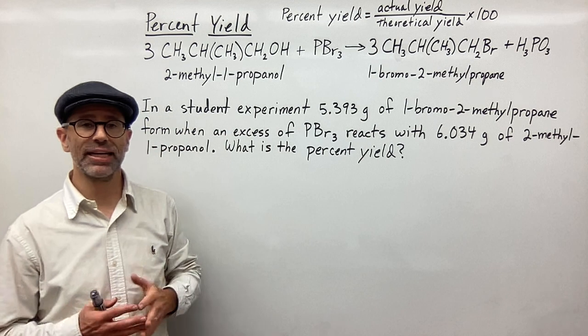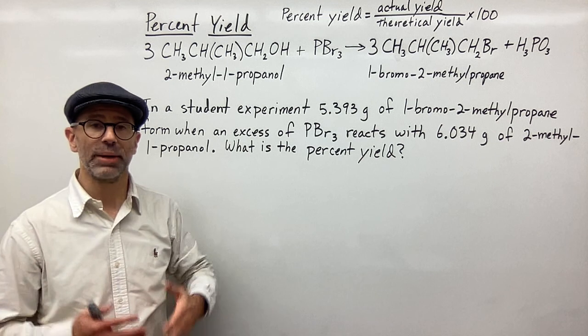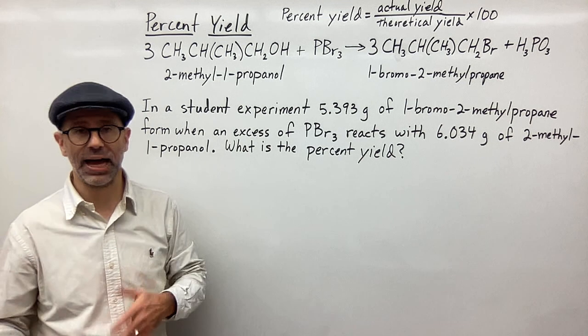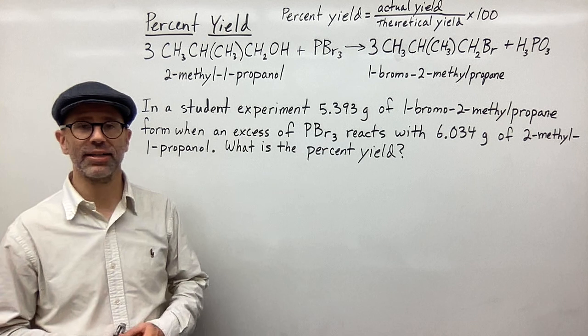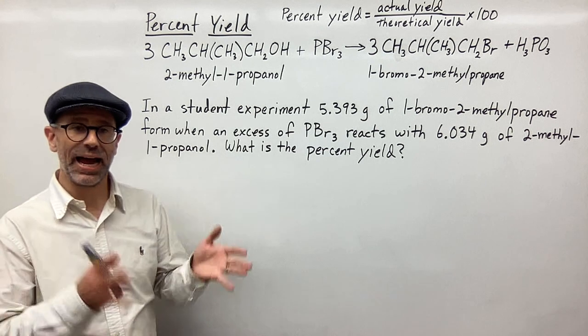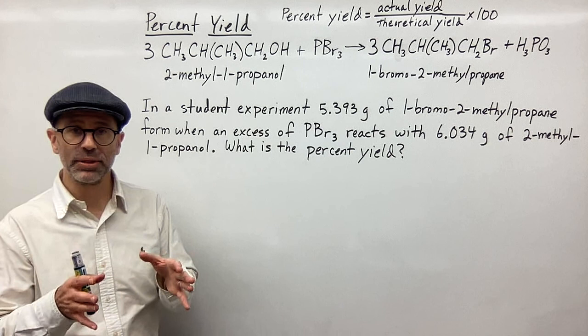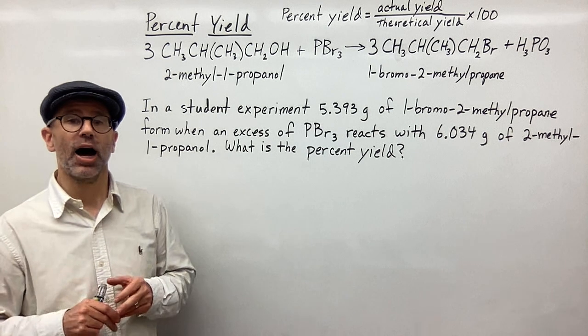So in a percent yield problem, they have to give you the actual yield in the problem. You're not going to go into the lab during the homework problem or the test or whatever it is, right? They've got to give you the actual yield in the problem itself, right? So that's going to be given to you.